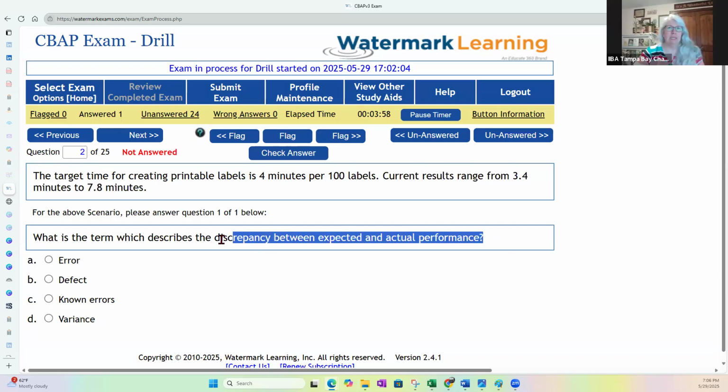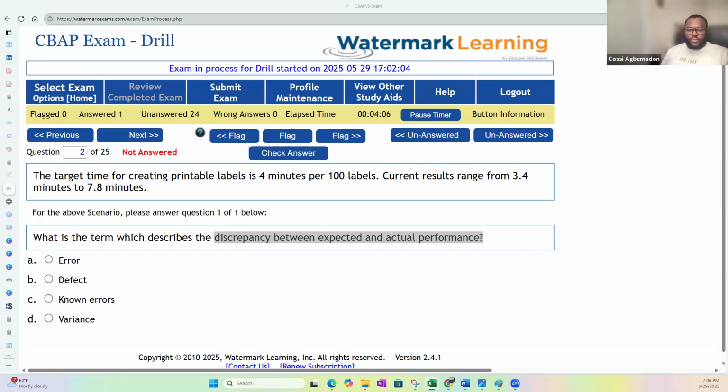If we're doing this, what task are we doing? Analyze performance. I think you're right. So would it be an error, a defect, a known error, or a variance? Variance. I will say variance as well.